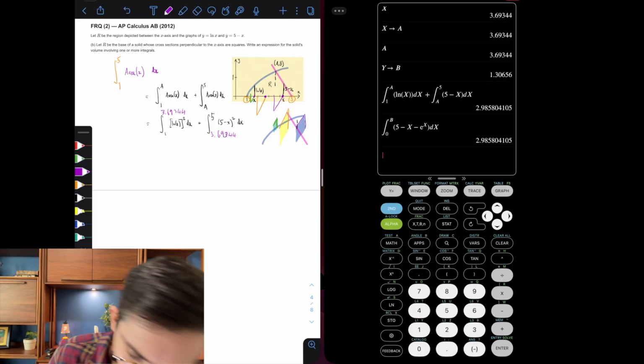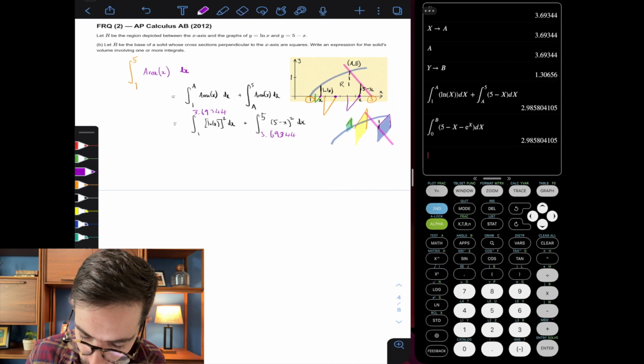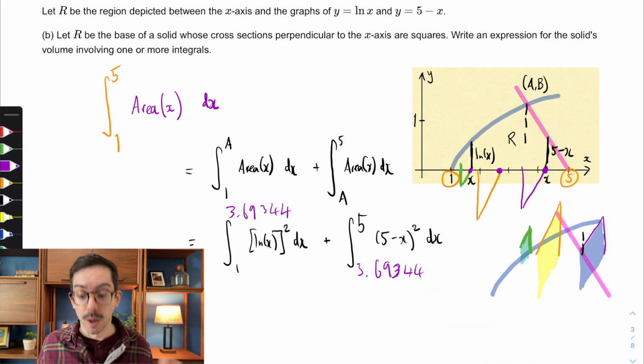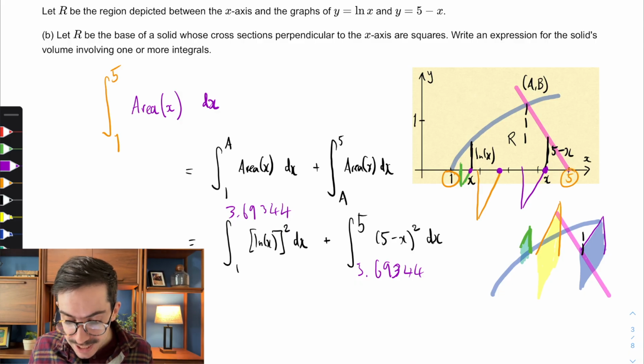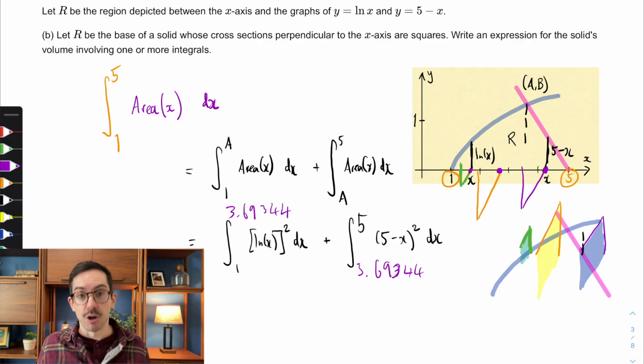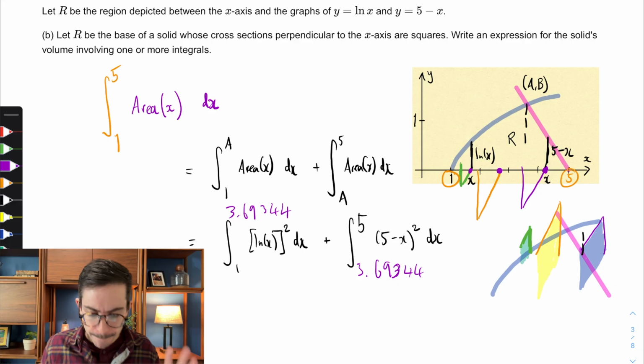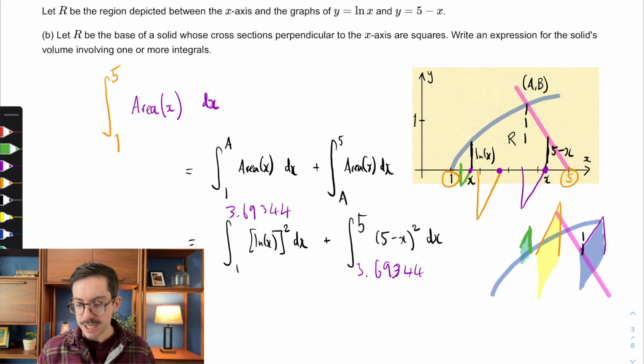Notice we didn't really need to use our calculator in this part B. We'd done a lot of the work beforehand. So that is the expression. We're not asked to actually calculate it. We could figure out the numerical approximation of this volume, but we weren't asked for it, so let's not do that work.